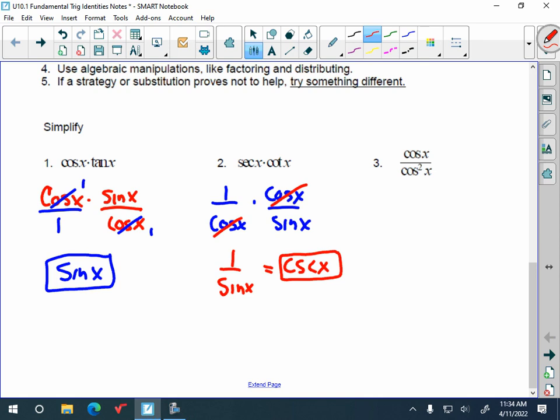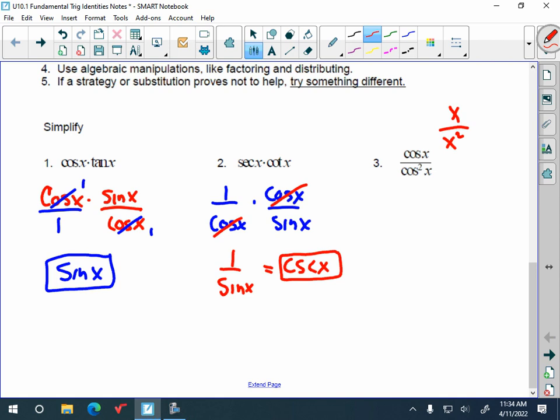All right, number 3, cosine x divided by cosine squared x. So this, in simplifying, works the same as in algebra if you had something like x over x squared. Because the bases are the same, we could subtract exponents. So if we were simplifying x over x squared, this would just simplify down to 1 over x. So I can do the same thing on trig expressions if they're the same.